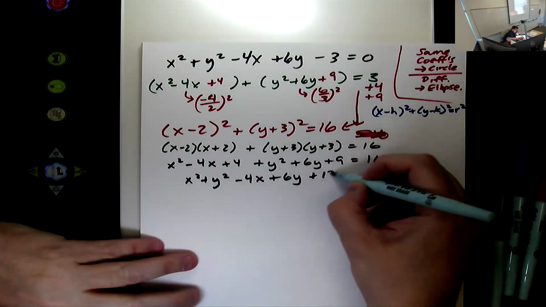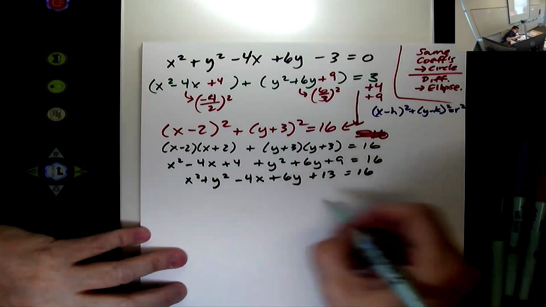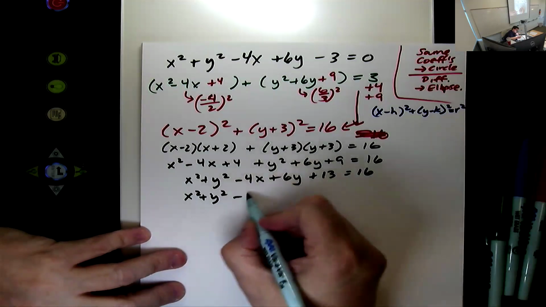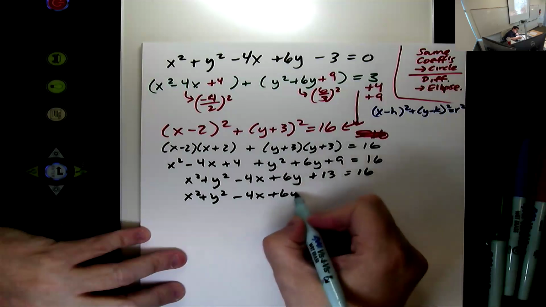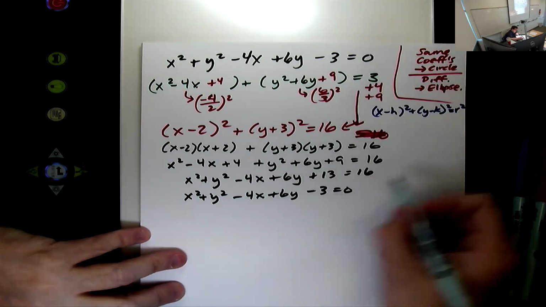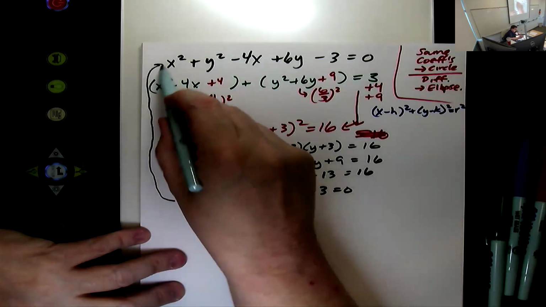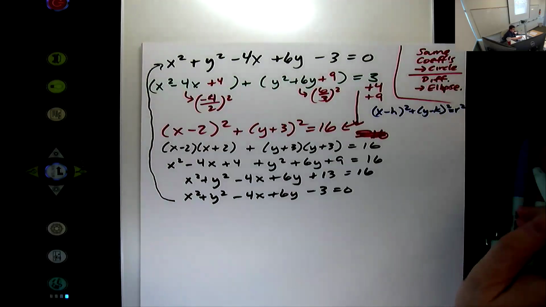Plus 13 equals 16, and I subtract 16. And I got what I started with, which means my complete the square was correct.